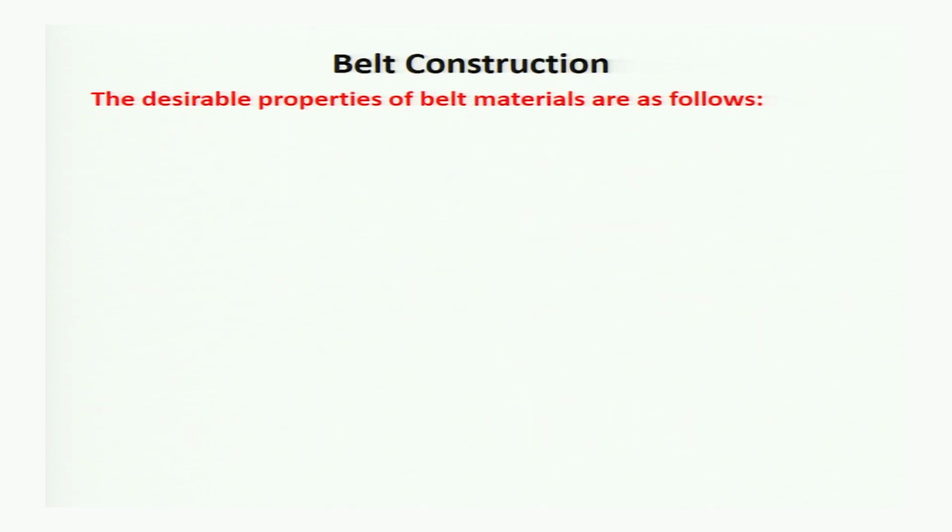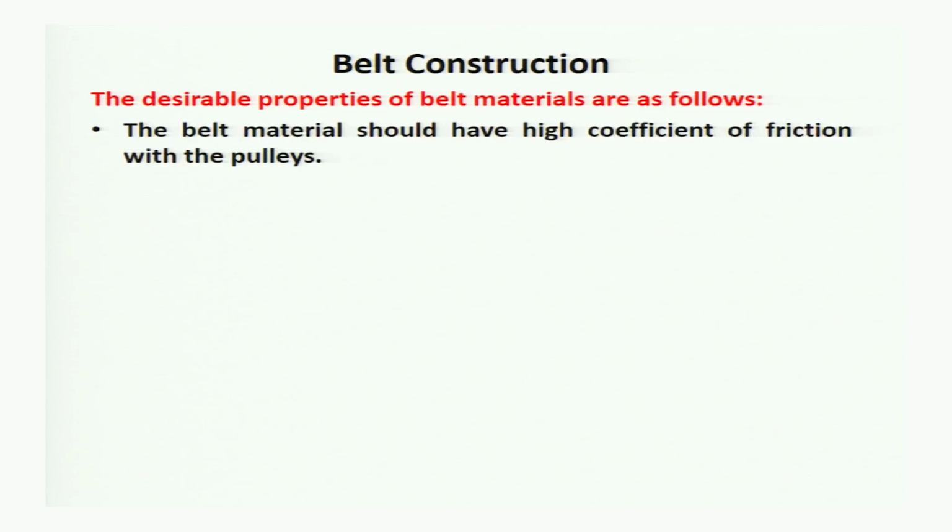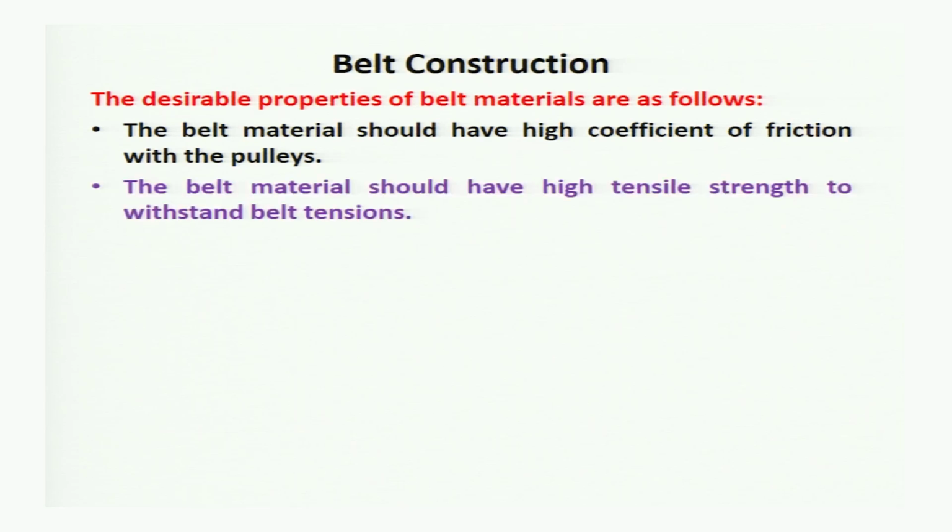Now, the belt construction. The desirable properties of belt material are as follows. The belt material should have high coefficient of friction with the pulley, because that coefficient of friction actually drives the belt and pulley, or the rotary motion of driving pulley is converted into the translatory motion of the belt, and vice versa on the driven side. The belt material should have high tensile strength to withstand belt tensions.